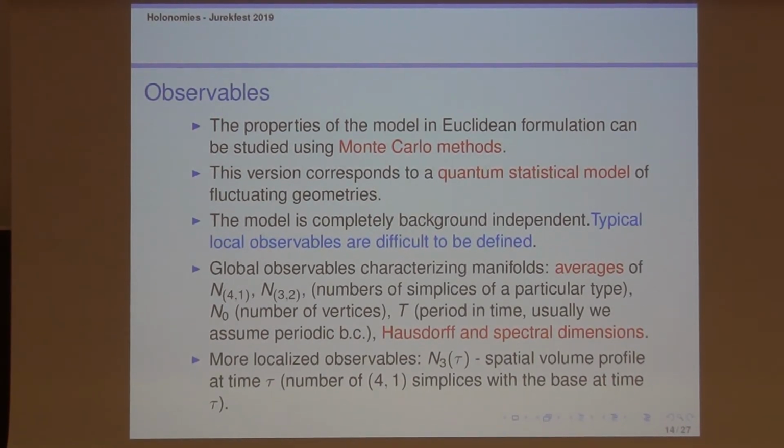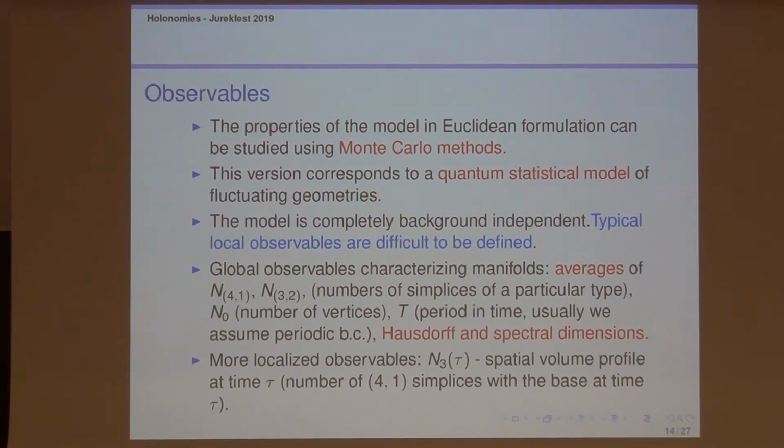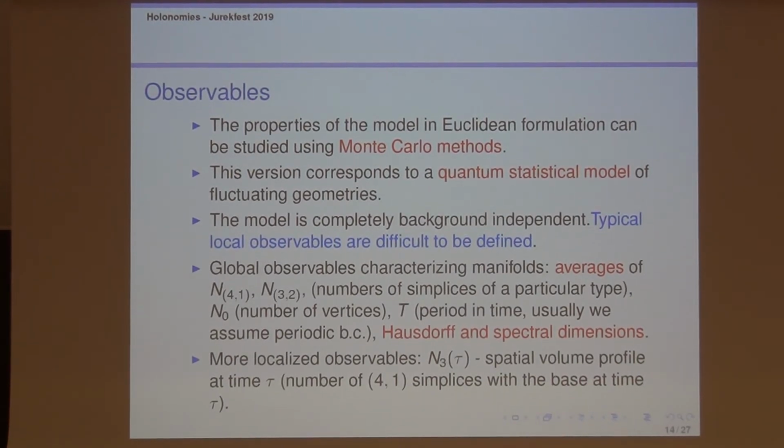It's a statistical theory, so in fact, each amplitude is not really one particular manifold, but a statistical sum over many manifolds, which are weighted with the probability defined by the Hilbert-Einstein action.